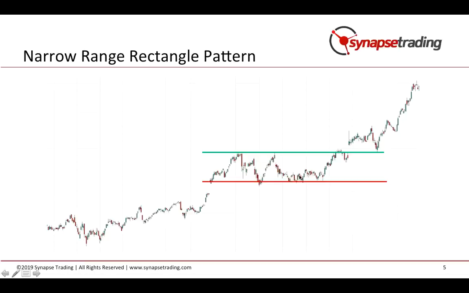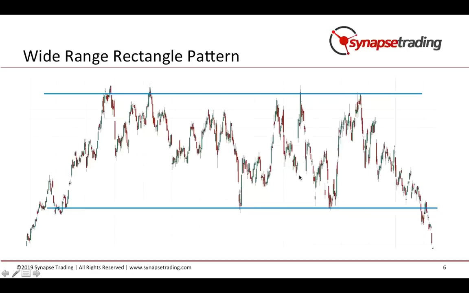When we go to the wide range patterns, you can see that it takes a lot more bars between the lower bound and the upper bound, and also between the upper bound and lower bound. When it comes down, it also takes a lot of bars to complete the pattern.